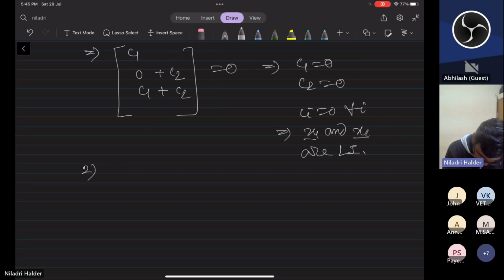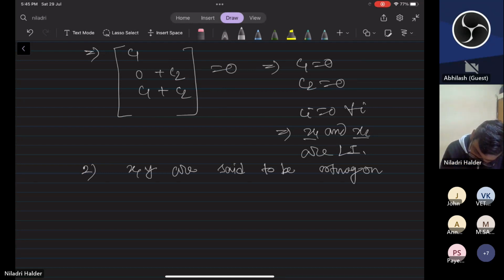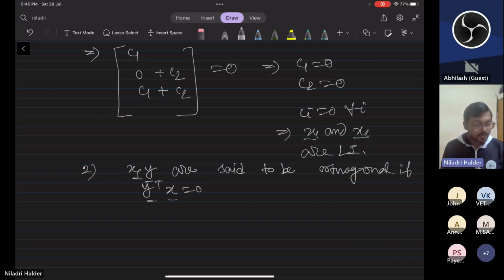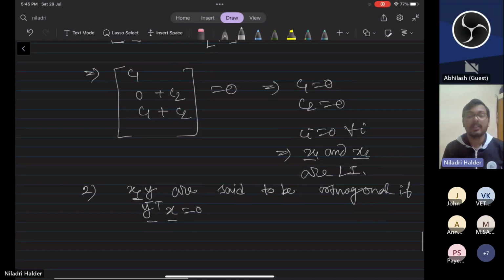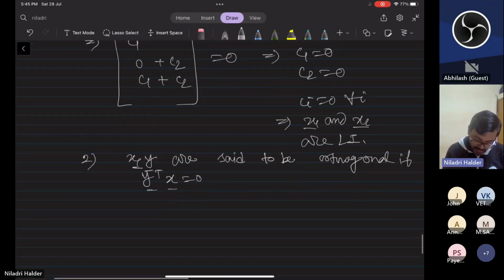Suppose x and y are said to be orthogonal if y transpose x equals 0. We showed that y transpose x is also an inner product. So if y transpose x is 0, then we can say x and y are orthogonal to each other.